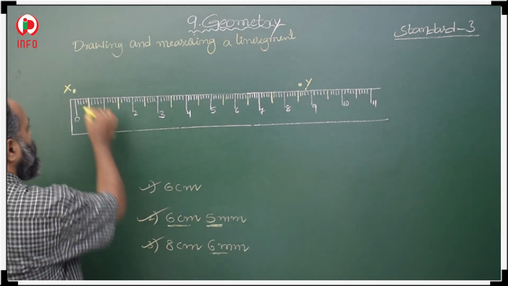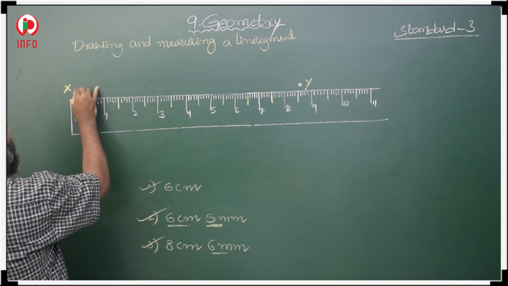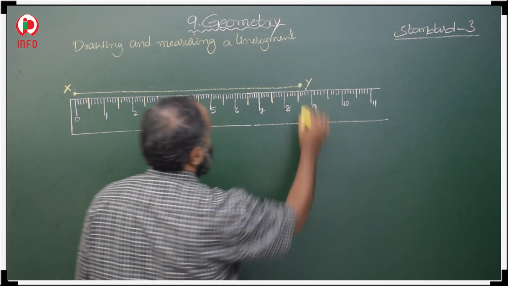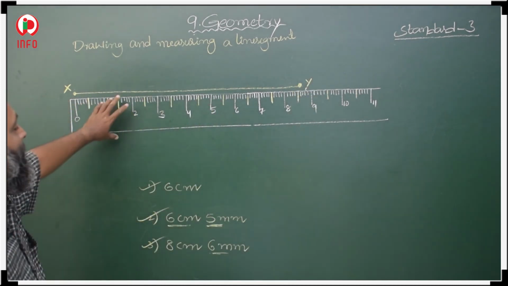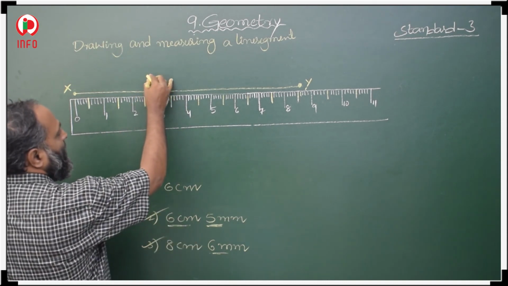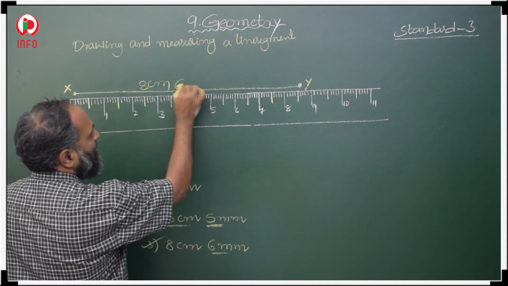Now you join X and Y. This is a line segment. After that remove your scale. So this is a line segment of length 8 centimeters 6 millimeters.